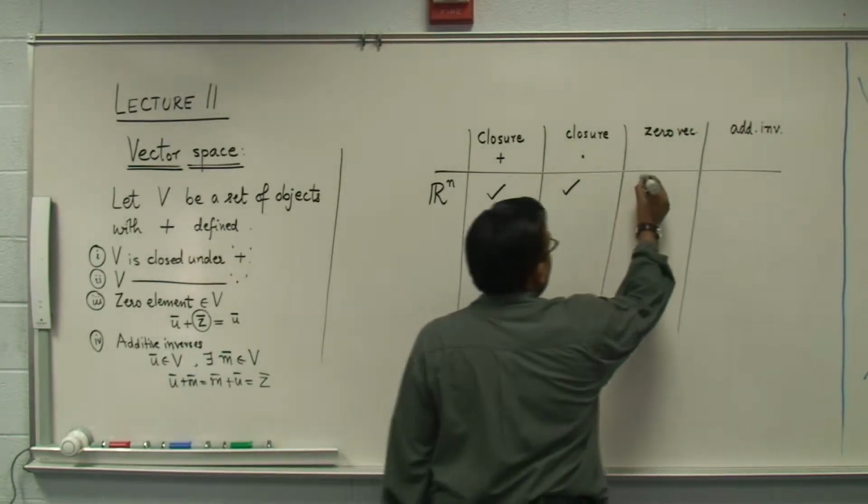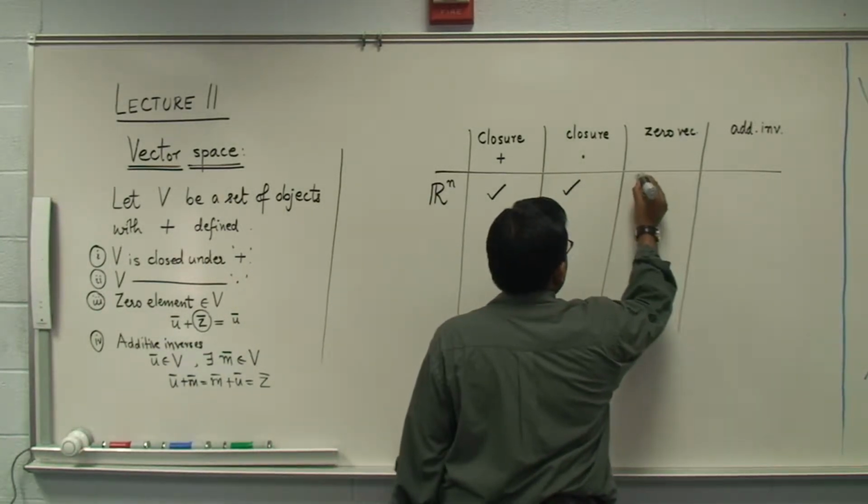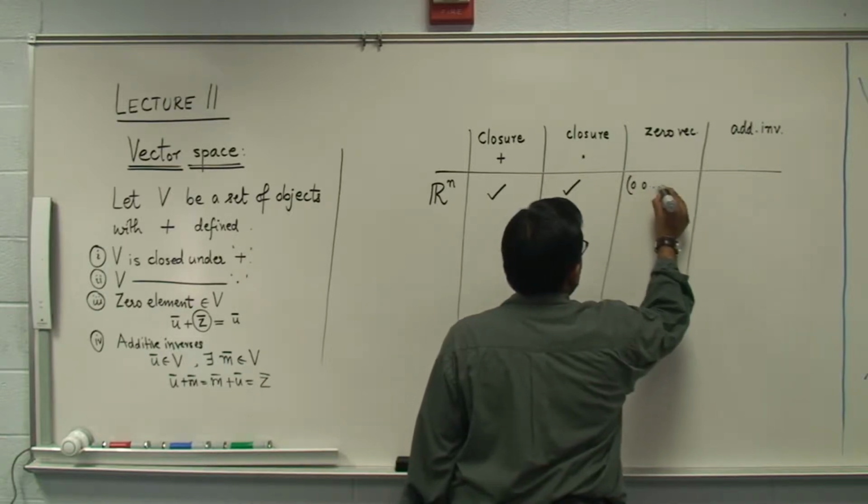There is something called a zero vector. Let me write it as a row instead of a column.